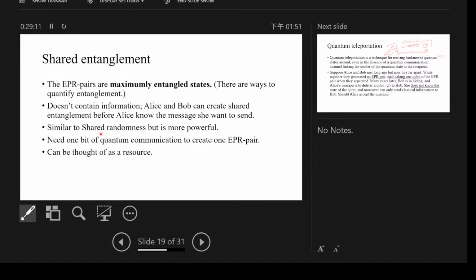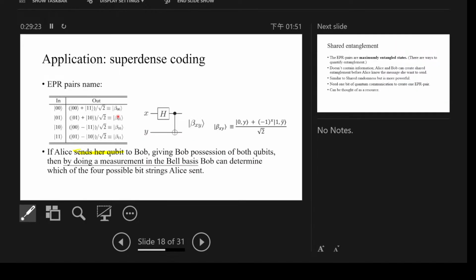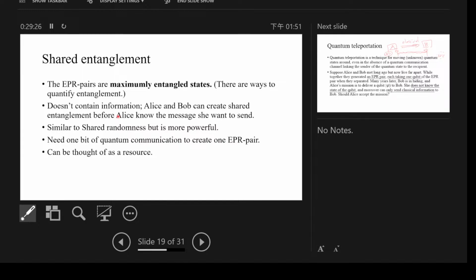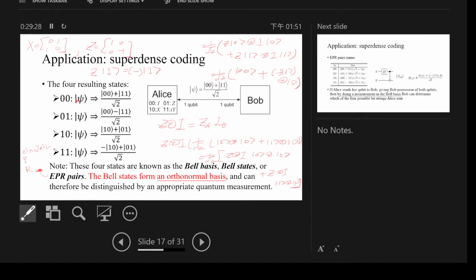Then we can compare this to other things, such as shared randomness. This shared entanglement, this 00 plus 11 state, is kind of like a classically correlated state, right? If you know some cryptography, we know Alice and Bob can share some randomness.